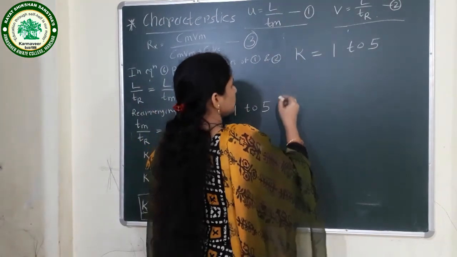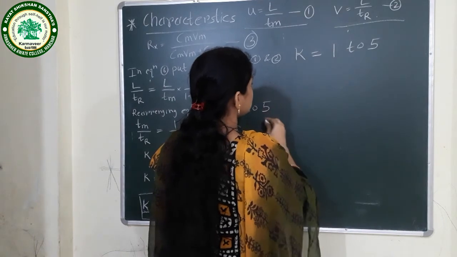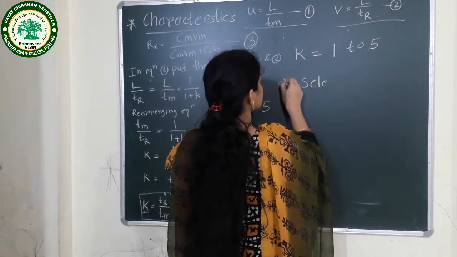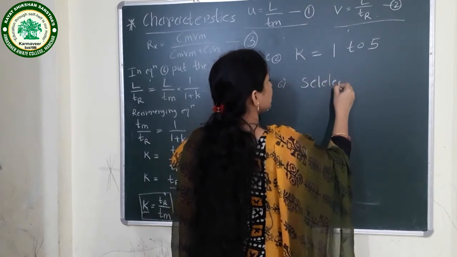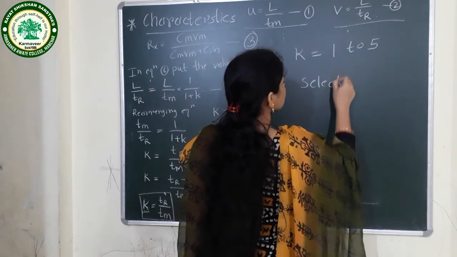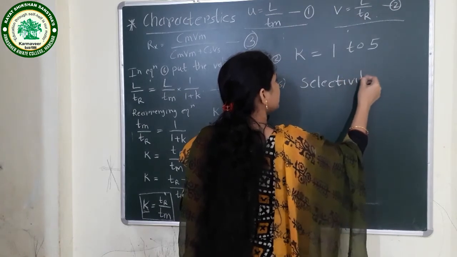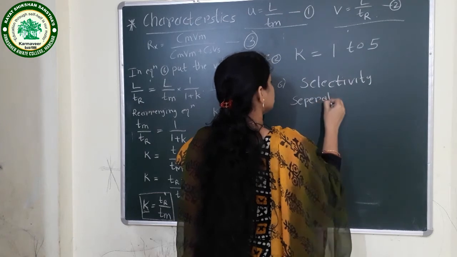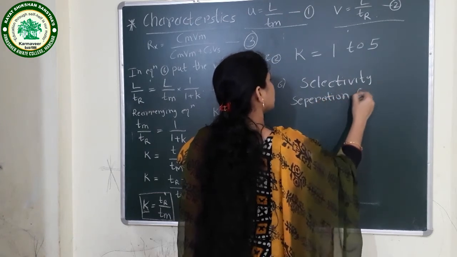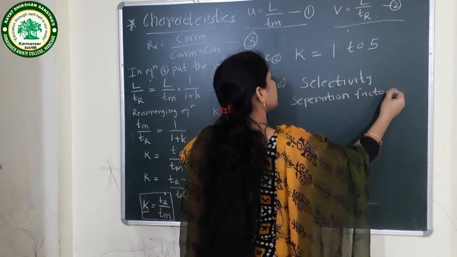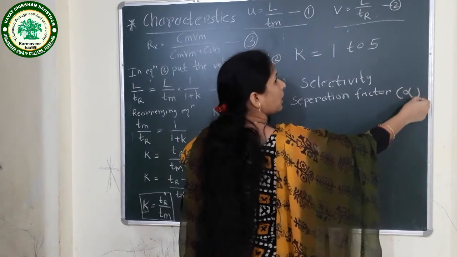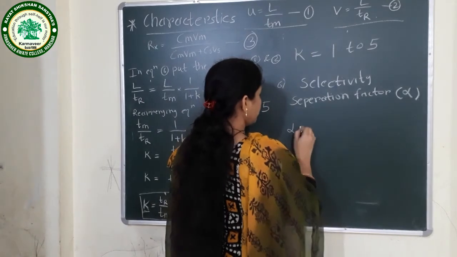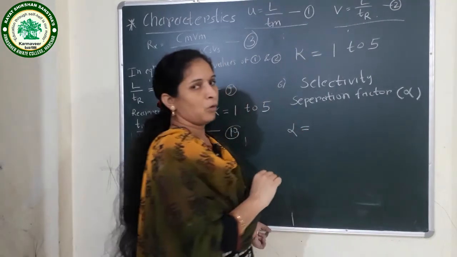Now we will see the last characteristic, that is the selectivity. That is the 6 characteristics. Selectivity or the separation factor. This separation factor is given by alpha. Now this alpha depends upon the distribution coefficient.